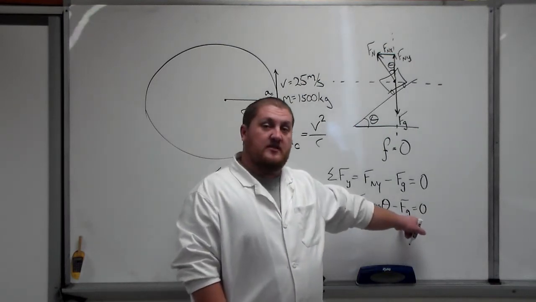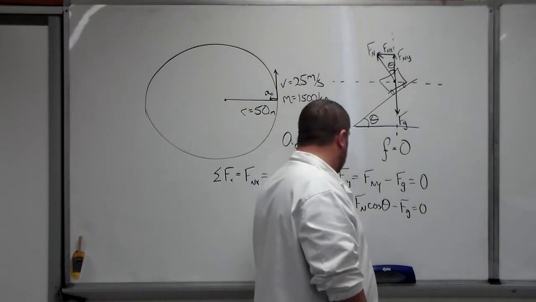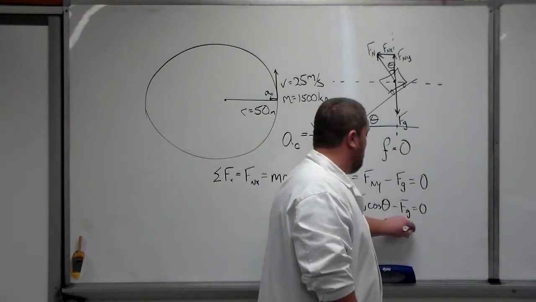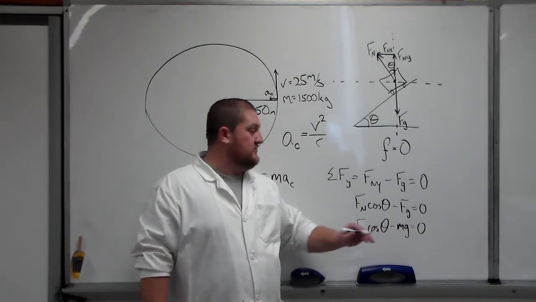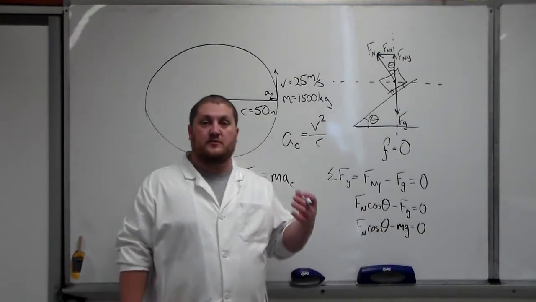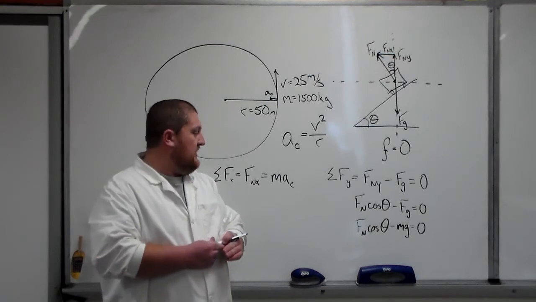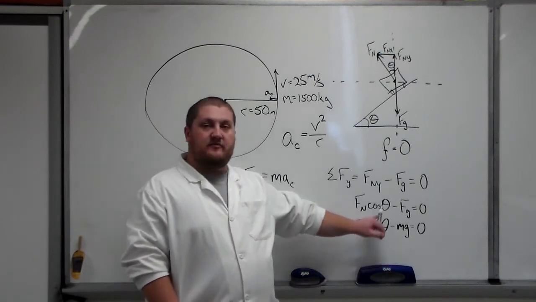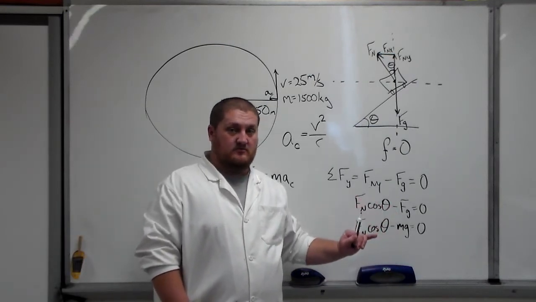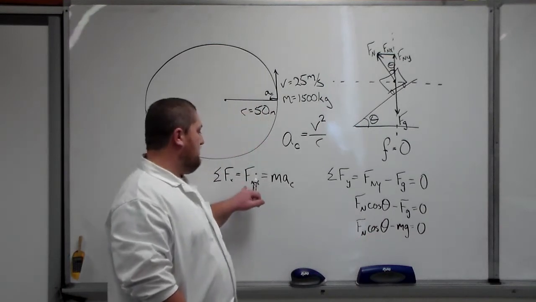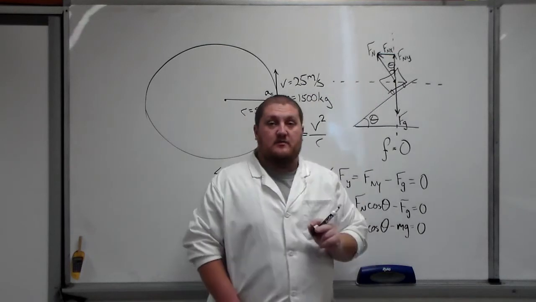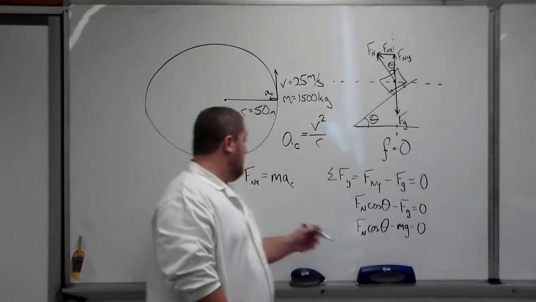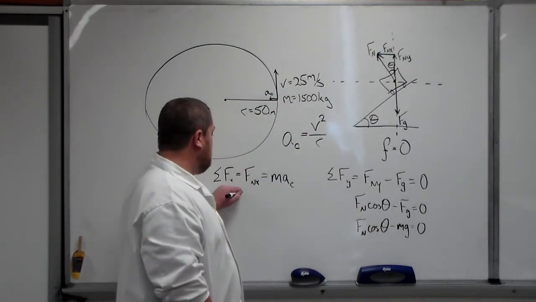I'm going to substitute in mg for weight. So the normal force times the cosine of the angle minus mg equals 0. So I'm interested in finding the angle. But I also can substitute in over here. The x component is the sine component. So let's rewrite this one.